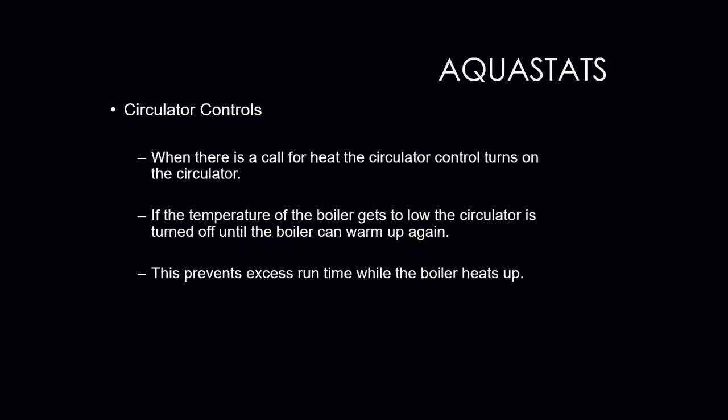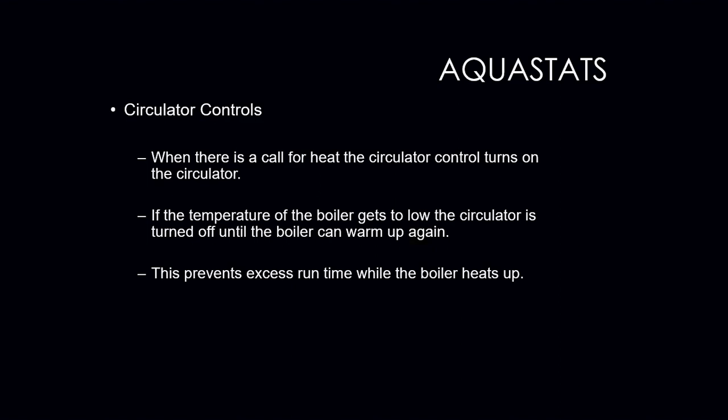It's simply to prevent excess runtime while the boiler heats up. Again, energy efficiency. We don't want to keep the circulator running all the time because all we're doing is just circulating cold air or cold water. We don't want that. We want the boiler to maintain. So sometimes you will see on a boiler that the burner is going to run, but you'll hear the circulator not be on.